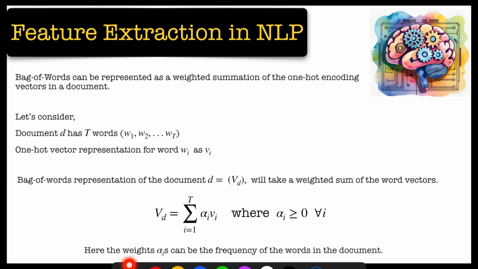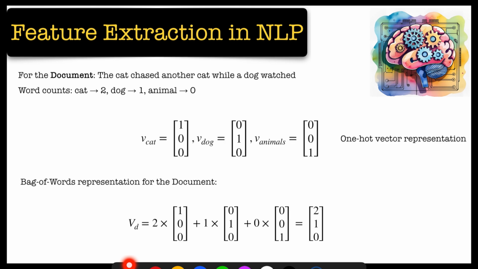So the weights alpha i can be the frequency of the words in the document, so how many times the words occurred in the document. These are the one-hot vectors and this many times this word occurred in the document. Let's understand this with the example also. For the document "the cat chased another cat while a dog watched," these are the word counts you already have seen, and these are the one-hot vector representations for cat, dog and animals.